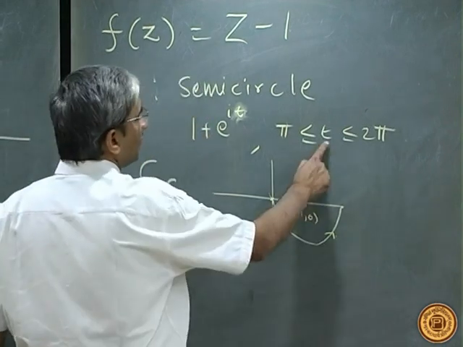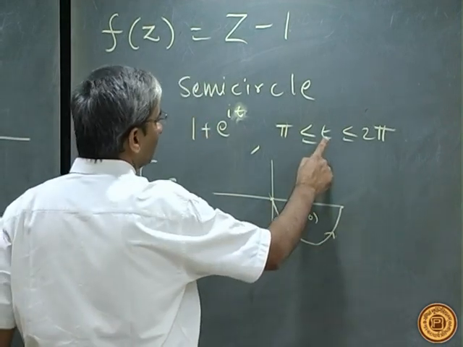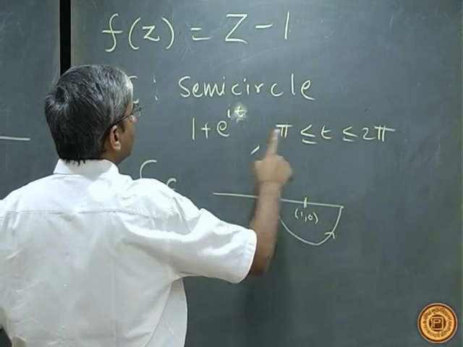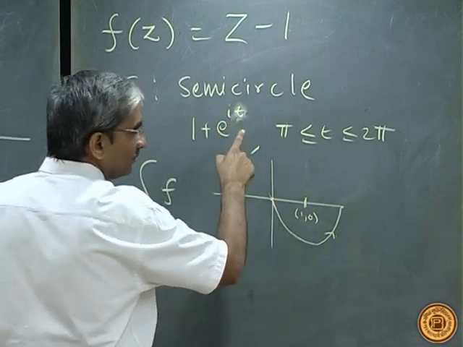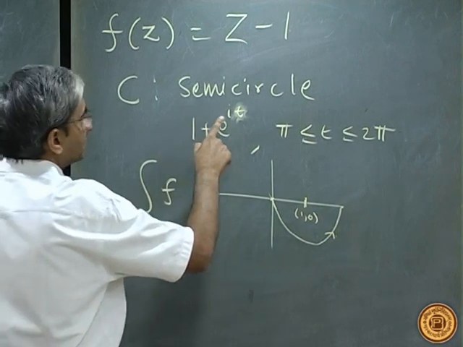Because if you consider t equal to 3 pi by 2, then you will get e raised to i 3 pi by 2.